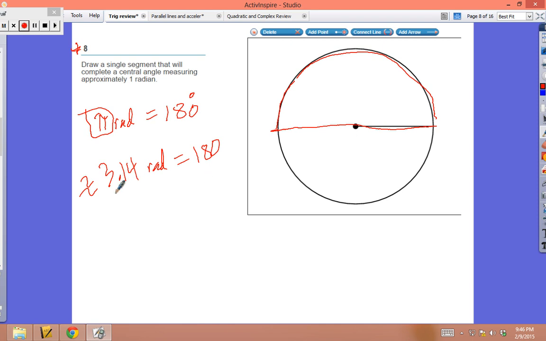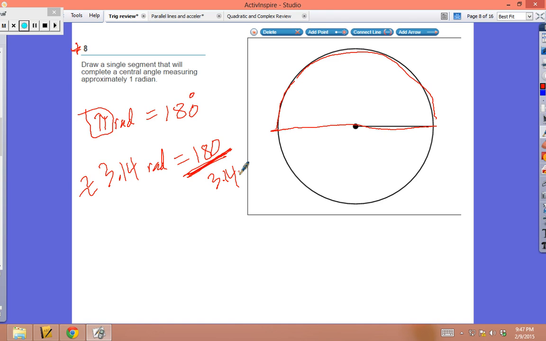So the question is, how much is a single radian? So if 180 has 3.14 radians, I'm going to divide 180 by 3.14, and that should give me approximately how much 1 single radian is.